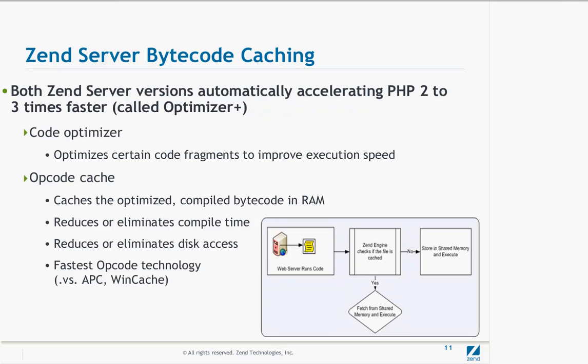So this component works out of the box and doesn't require any changes to your Drupal code at all, or any PHP application that you're running. And in this benchmark and others, you'll see that Zend Server Optimizer Plus caching is faster than APC and WinCache bytecode caching. That's the two that we basically compare to.